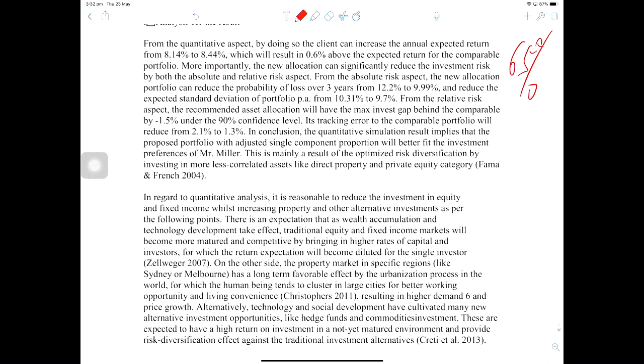Now, let's have a closer look at the writing, the style of writing, the effectiveness of writing. Basically, in the first paragraph, they discussed, okay, this is the recommended asset allocation, and this is the potential change or improvement of investors' portfolio if you follow this asset allocation. So you will see the numbers.